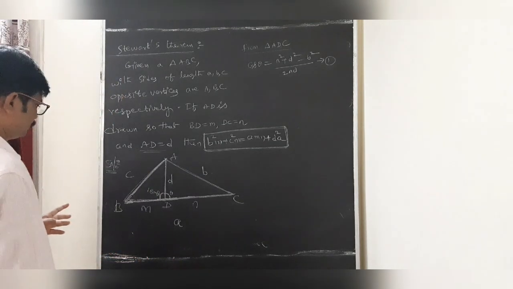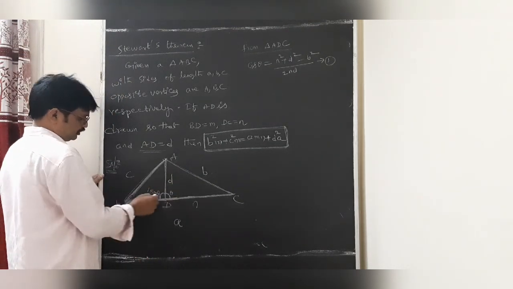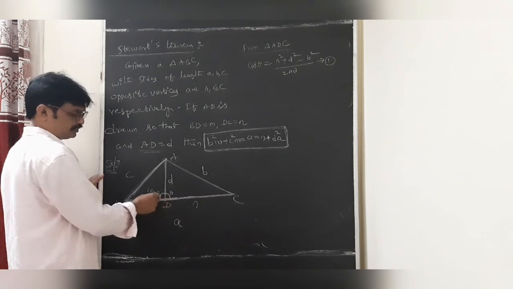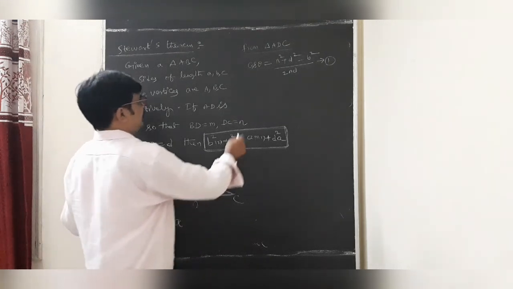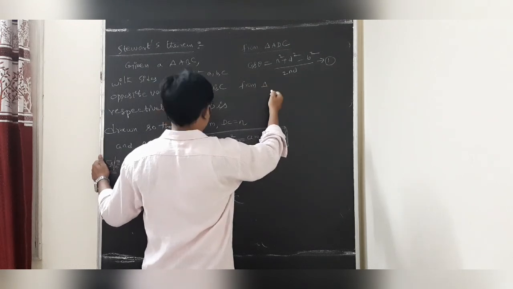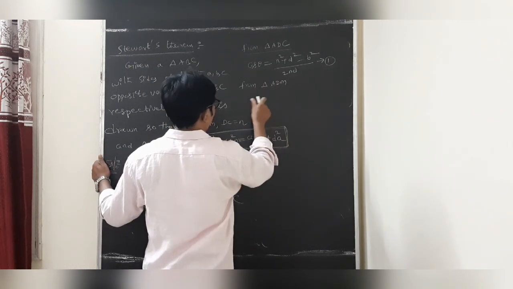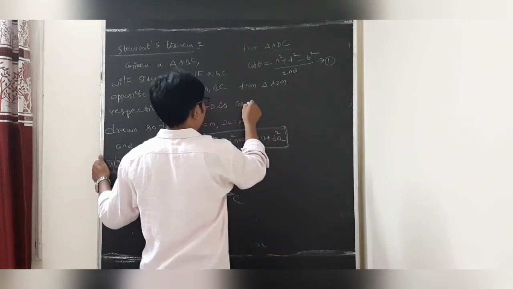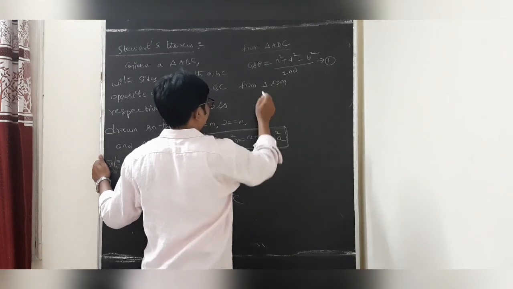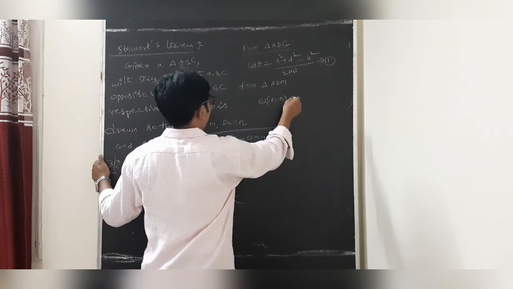Now from the other triangle, ADB, we take cos of 180 minus theta.